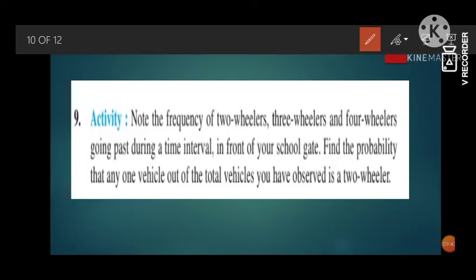So here the question said, note the frequency of two-wheelers, three-wheelers and four-wheelers going past during a time interval in front of your school gate. Find the probability that one out of the total vehicles that you have observed is a two-wheeler.